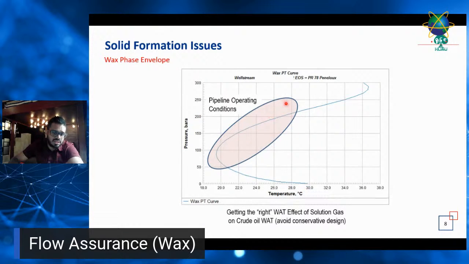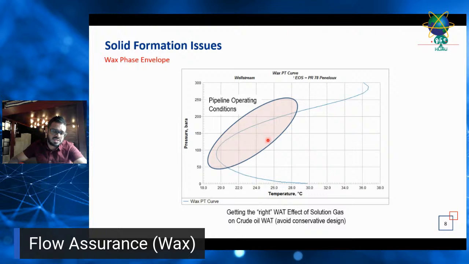The gas and liquid give a kind of inhibition property to your fluid, whereby you can see that your wax phase envelope will tend to move towards the left-hand side.